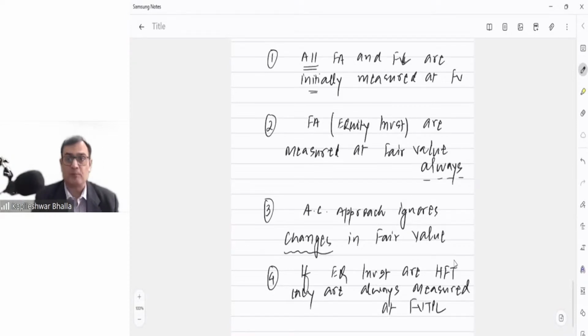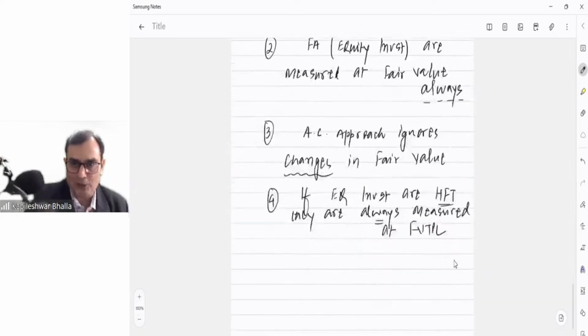So if you've got equity investments which are held for trading, they're always taken at fair value through PL. This time you got some very interesting, easy questions.